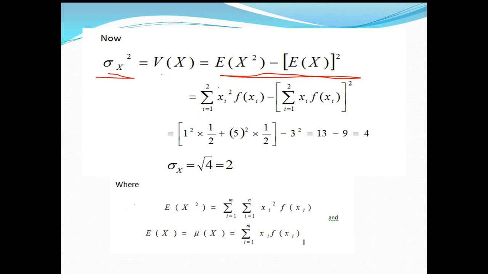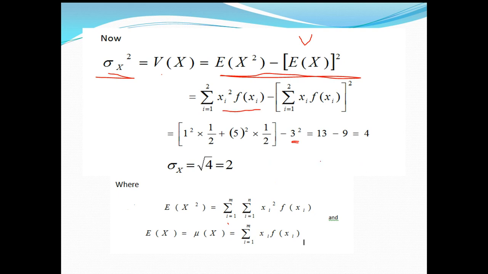Now the variance for the x distribution is E of x square minus E of x, whole square. E of x we have already calculated, the value is 3, that is 3 whole square. Whereas E of x square we have to find. To find E of x square, our formula is summation of xi square into f of xi.